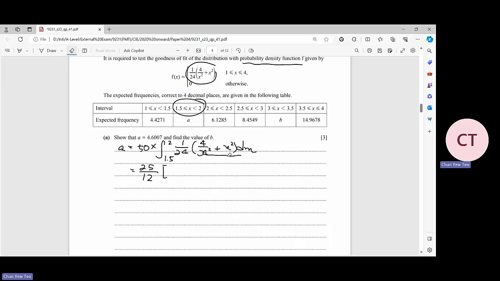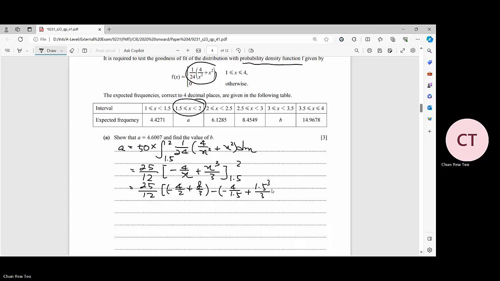Integrate 4 over x squared, you get negative 4 over x. Then x squared, you get x cubed over 3. Then 1.5 to 2. So basically, just do like this and you can get the answer as stated. So this one is 4 over 2 plus 8 over 3 minus the negative 4 over 1.5 plus 1.5 cubed over 3.